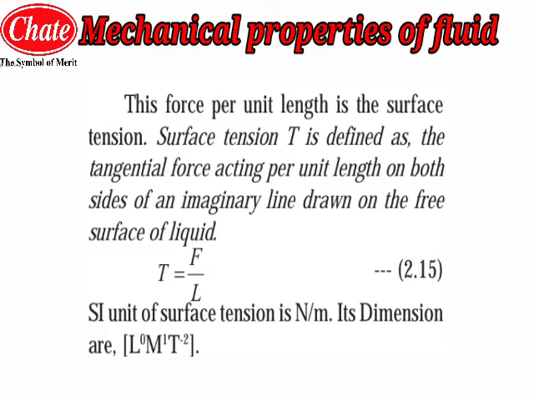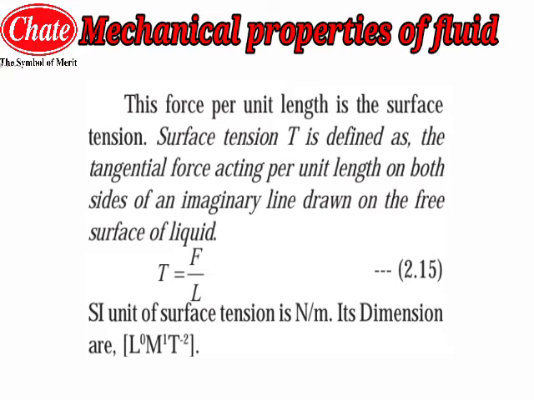Mathematically, T is equal to F by L, meaning surface tension is equal to the force acting like a stretched membrane per unit length. So this is the formula for the surface tension.